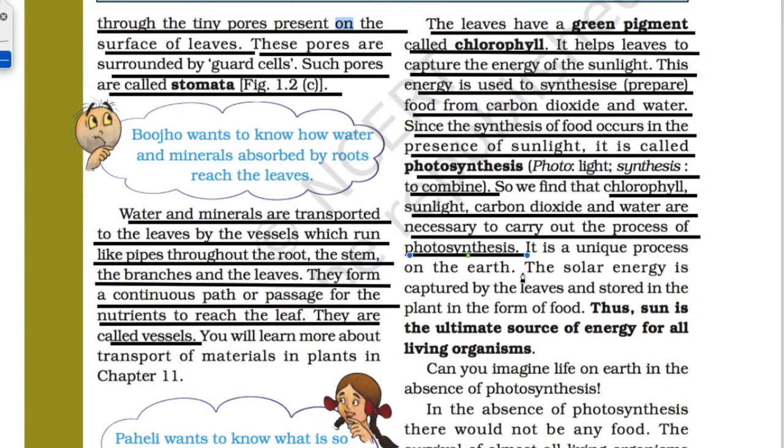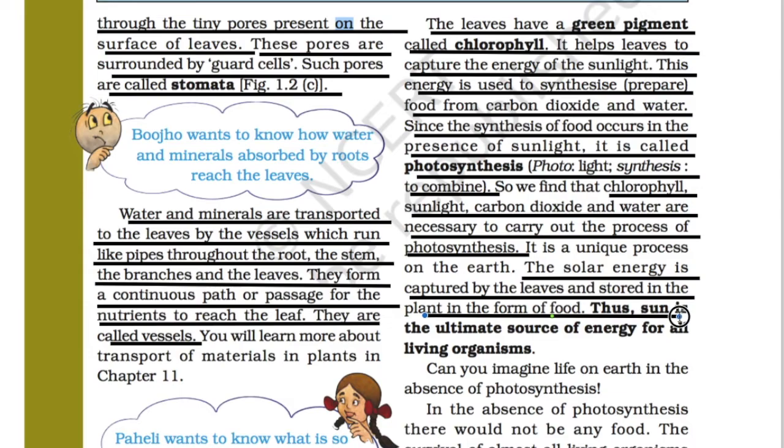The solar energy, what is meant by solar energy? Energy from sunlight. The solar energy is captured by the leaves and stored in the plant in the form of food.